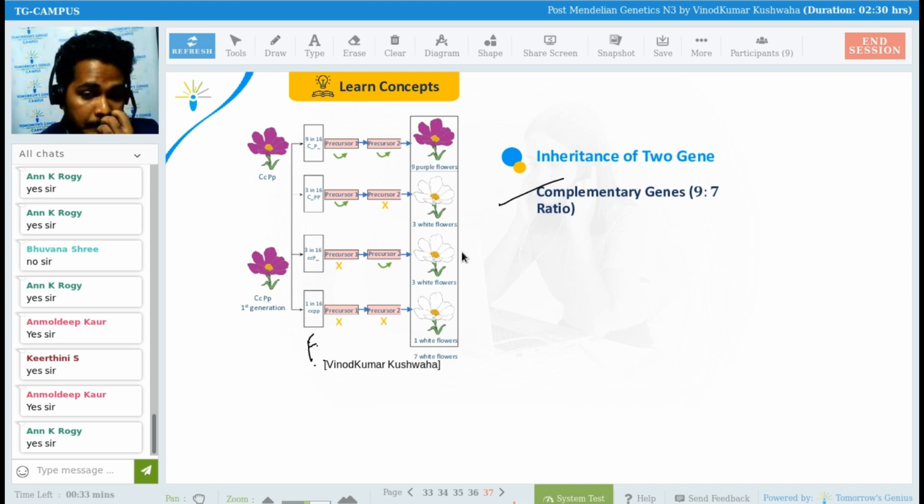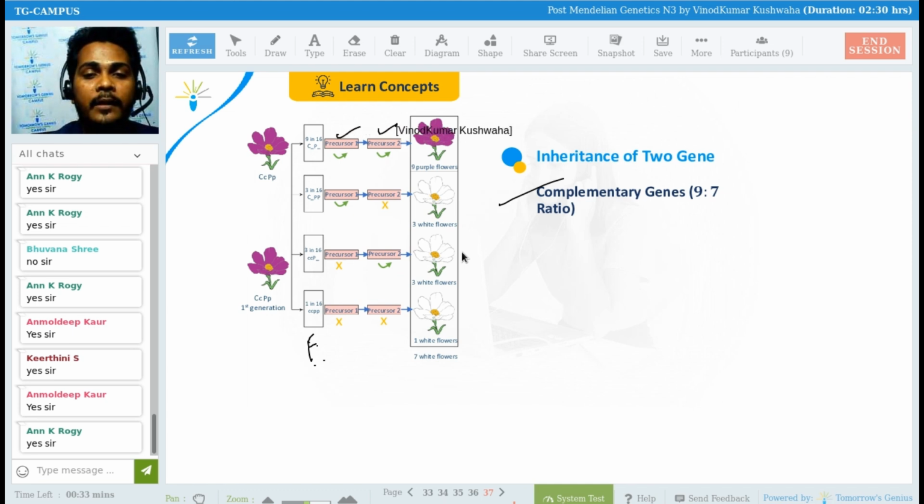But what happens after the suppression, through the precursors' effect? With precursor 1 and precursor 2 both present, it is a purple flower, 9 purple flowers. Then if precursor 1 is absent but precursor 2 is present, 3 white flowers. If precursor 2 is absent but precursor 1 is present, 3 white flowers. And if both precursors are absent, only 1 white flower. So in total, seven white flowers are produced.